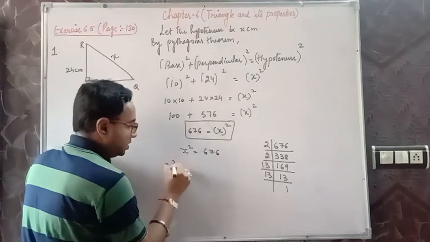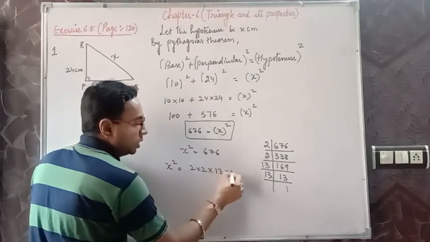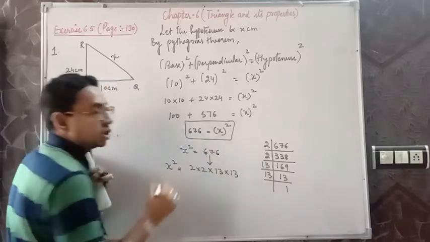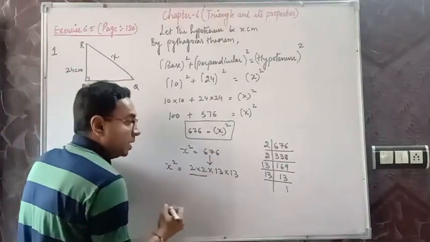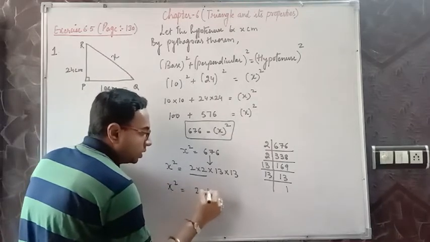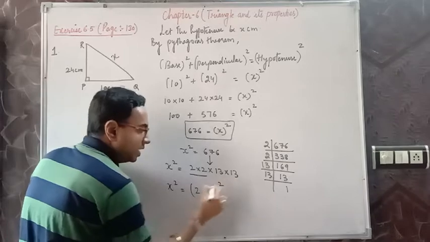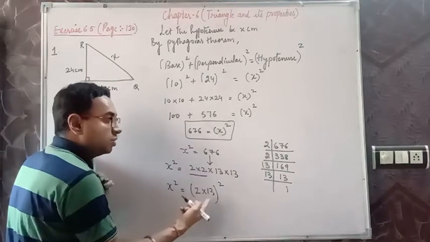Now x square is equal to 2 into 2 into 13 into 13. This is the prime factorization of 676. Yes or no? Now how many times is 2 coming? So can I write it like this? It is 2 into 13 whole square. Why? Because 2 is coming 2 times and 13 is also coming 2 times.